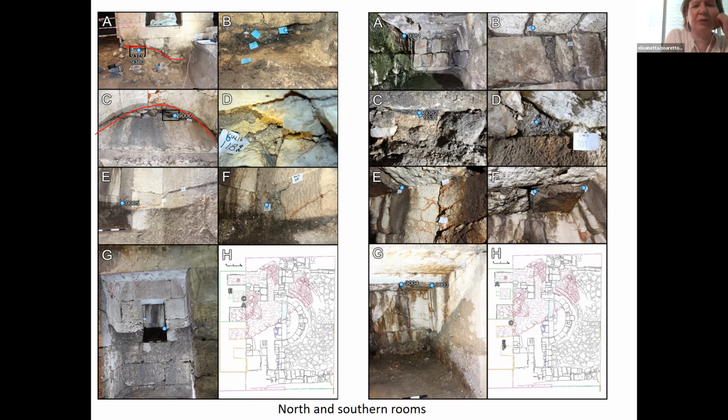Here we have, for example, the height of the deposit inside the room. So this part was not covered by any deposit, at least from the time it was built. So that was an excellent opportunity to sample this context. Also here we see the line of the deposit.